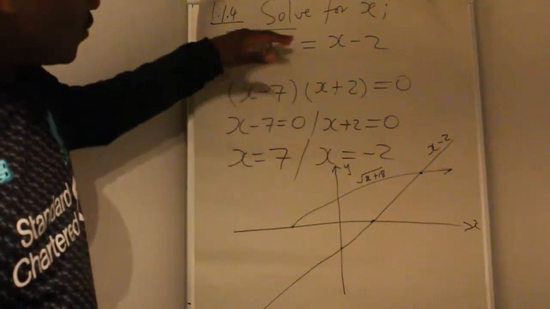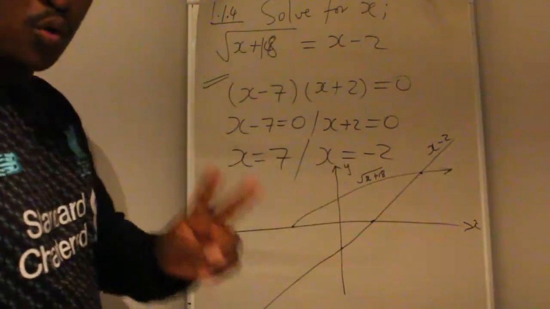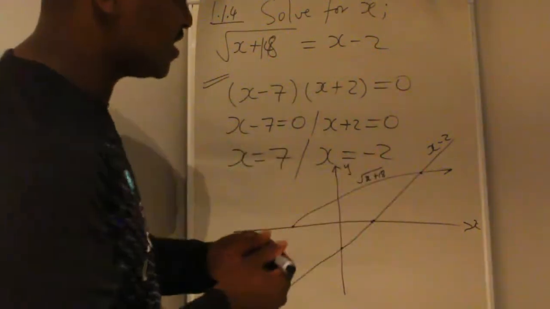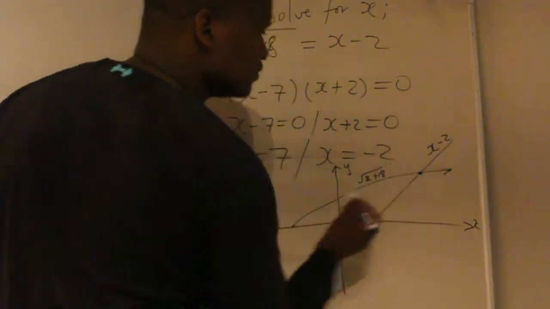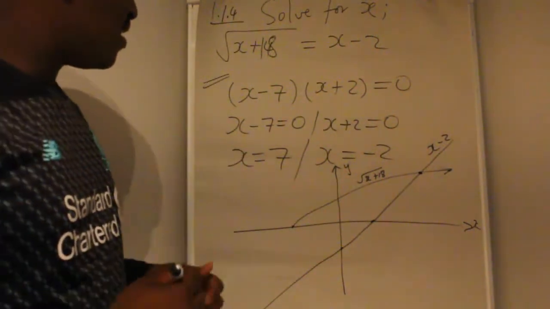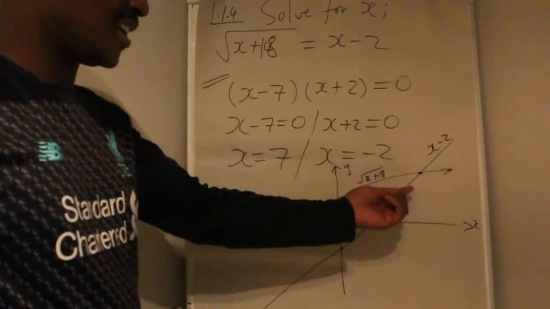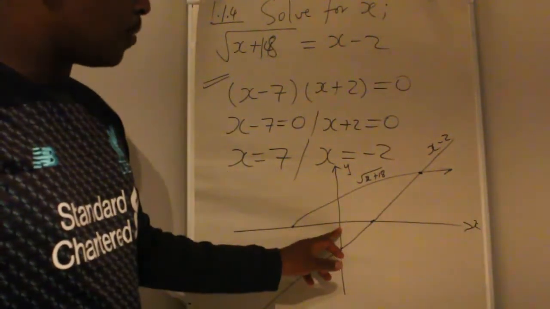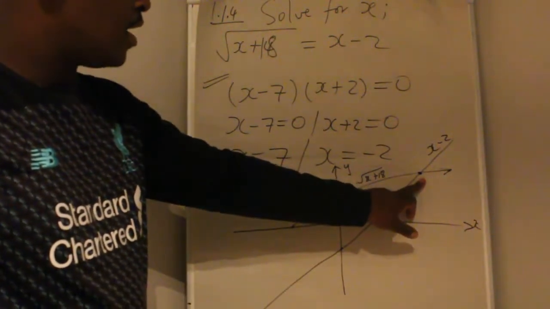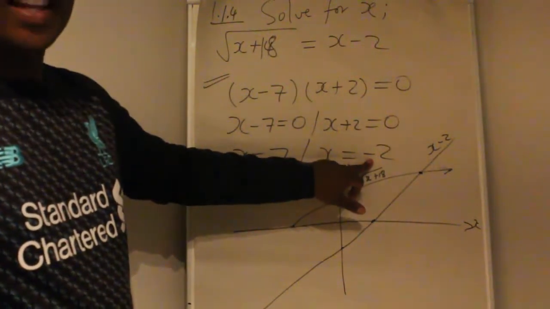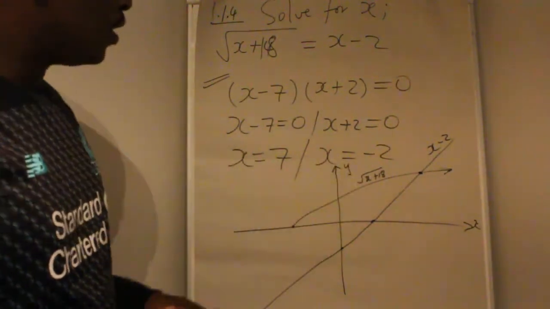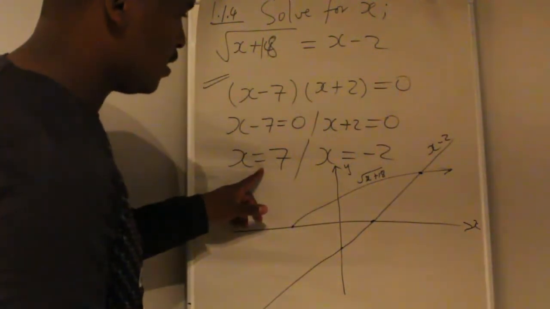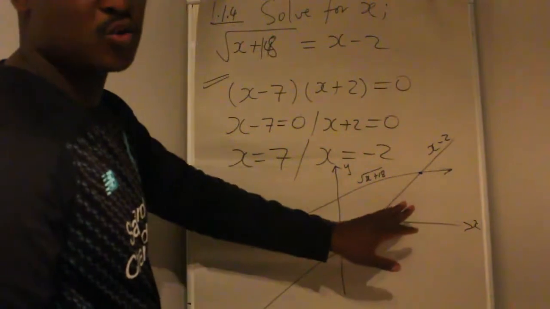What you have solved is telling you that these two graphs meet twice, but when you draw the actual graph, you see they only meet once. Between 7 and 2, because it's positive on the right hand side of 0, that should be 7. The only correct solution is this one, because that's where the two graphs actually meet.